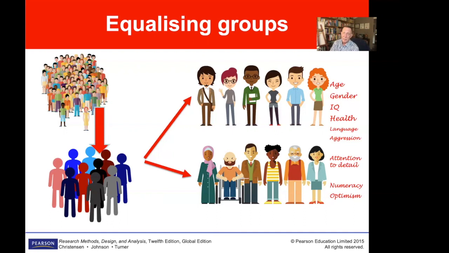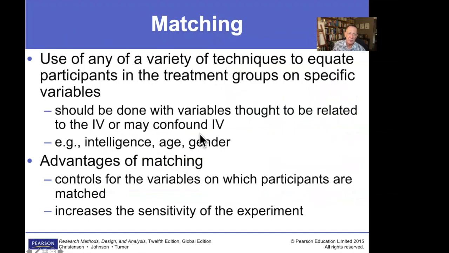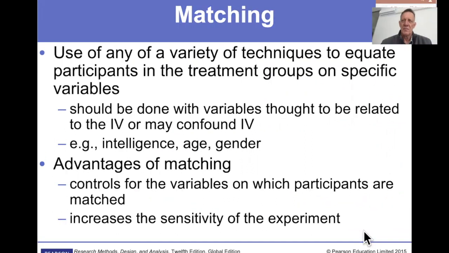Otherwise, there might be a characteristic that influences the outcome, and you cannot say it was a control group. So there's an example of random assignment, which I'm not going to discuss. You can read that in the textbook. I think I've said everything that I need to say over there.